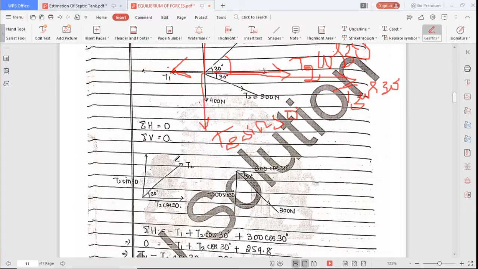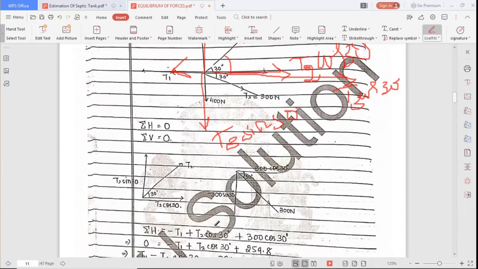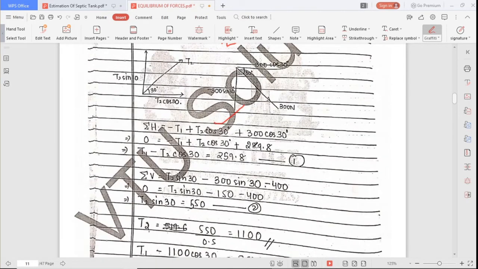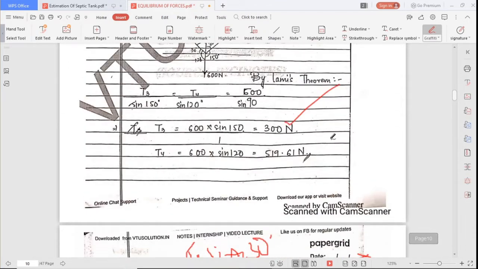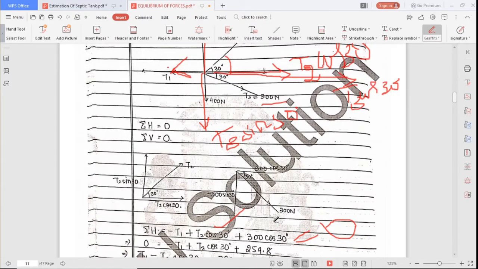Minus T1, plus T2 cos 30, plus T3 cos 30, but we know that T3 value as 300 as we solved here before. So take T3 cos 30 degree and equate it to 0. We will get an equation T1 minus T2 cos 30 is equal to 259.8. Take it as equation number 1.